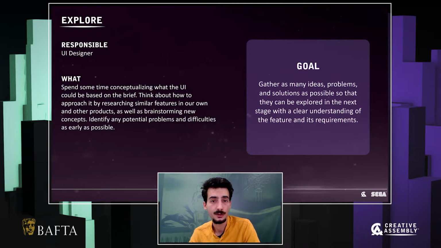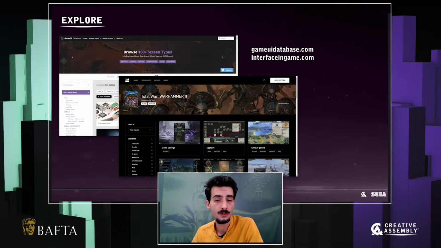Now, two resources that are very, very helpful in this case, and I strongly recommend, are the Game UI Database and Interface In Game, both of which are huge online repositories with screenshots of user interfaces from hundreds and hundreds of games.